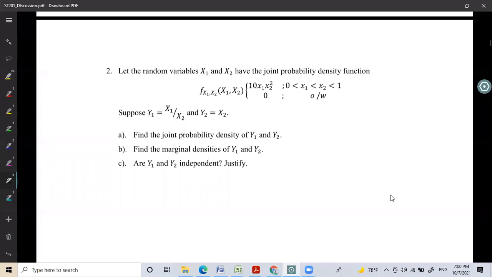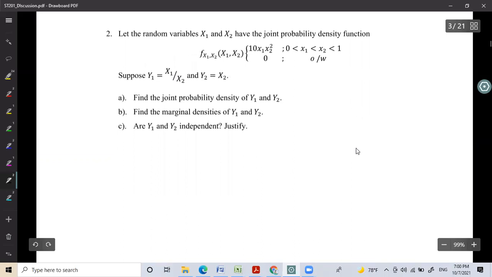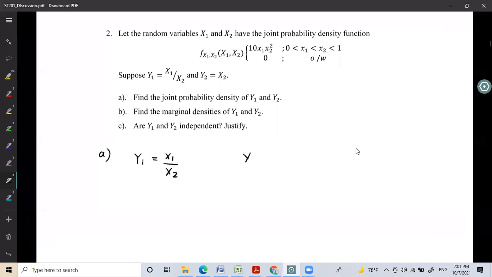So here you are going to use the transformation method to find the joint probability density of the 2 new random variables Y1 and Y2. Y1 is X1 over X2, Y2 is X2. Okay, so what is the first step? You have to find the inverse functions. That means you have to write X1 in terms of Y1 and Y2, X2 also in terms of Y1 and Y2.